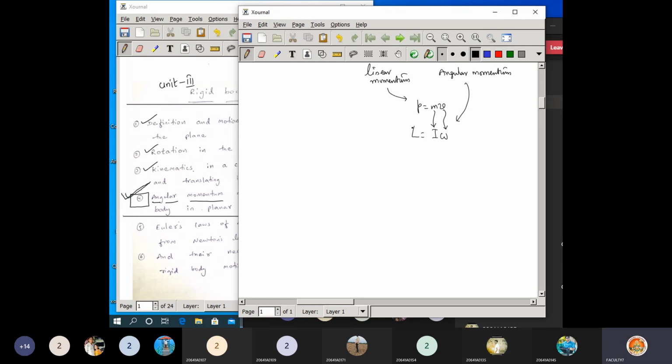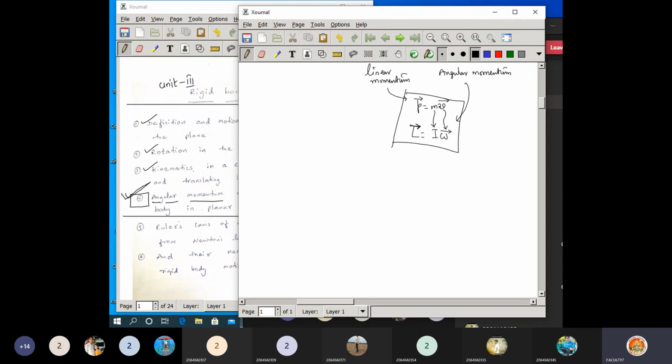Here v is a vector and p is a vector, so whatever the direction of v is, the direction of p will be the same. Similarly, omega is a vector quantity, and whatever the direction of omega is, the result will also be in the same direction.